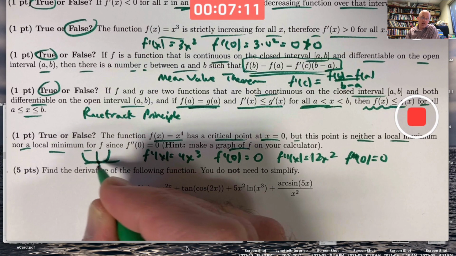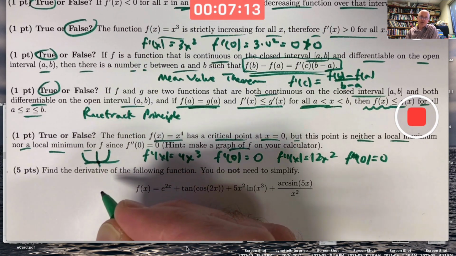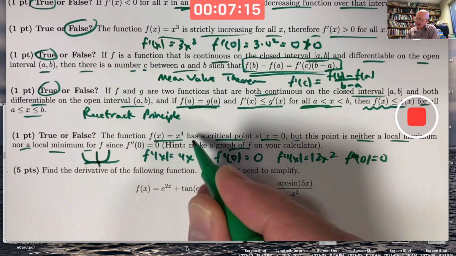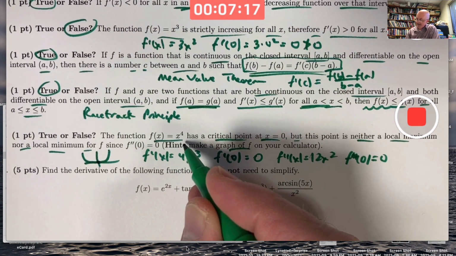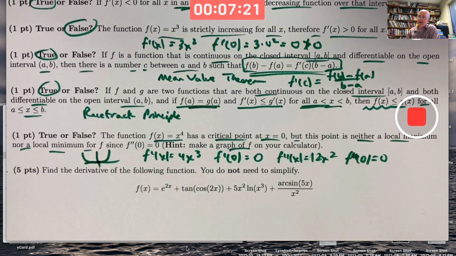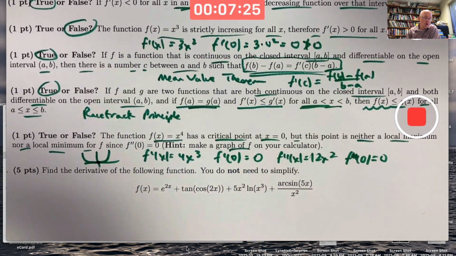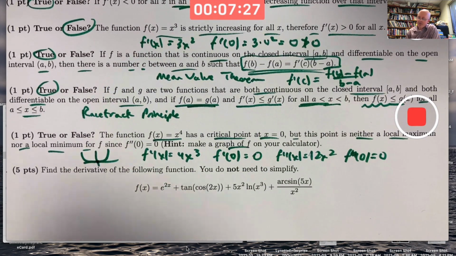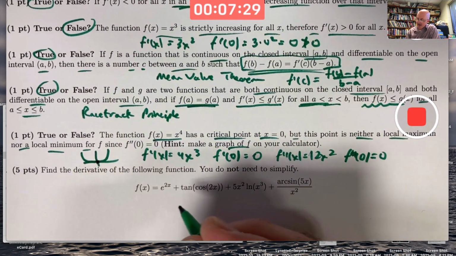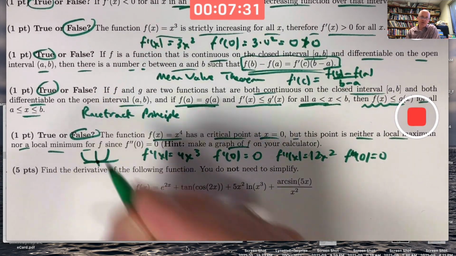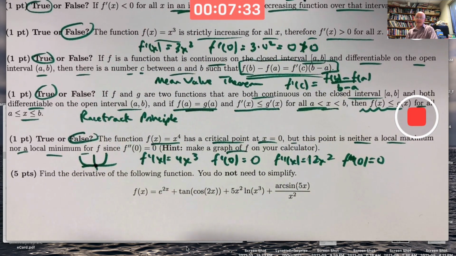The graph is very close to the axis when x is close to 0, but the function is strictly positive when x is non-zero. Even though when x is close to 0, like say 10 to the negative 1, f of x would be 10 to the negative 4, which is even closer to 0, it's still not equal to 0. There is a minimum at 0, and therefore this is false. It does have, in this case, a local minimum at x equals 0.